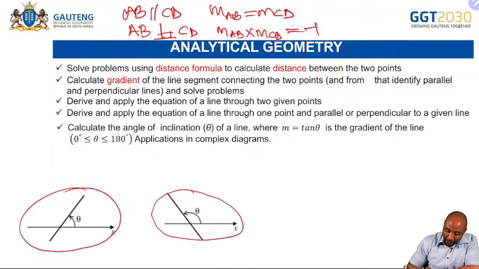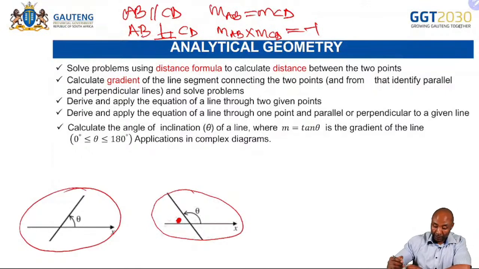So that's our angle of inclination. Even if you are given this angle this side, that's not our angle of inclination. We'll use the property that angles in a straight line add up to 180 degrees. We determine the value of theta, and our angle of inclination is that theta, not what we are given on the other side of the line.